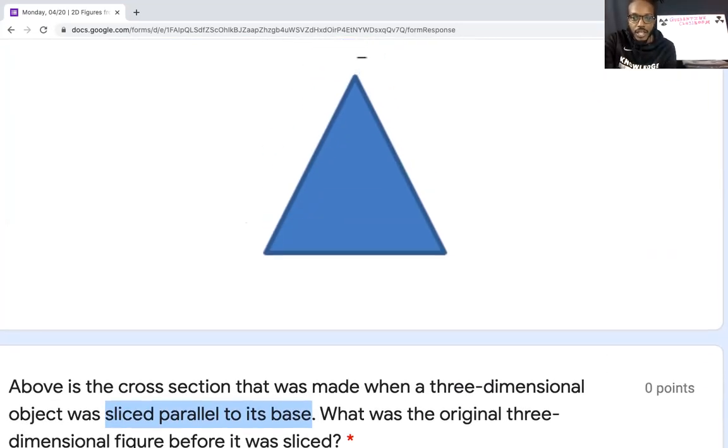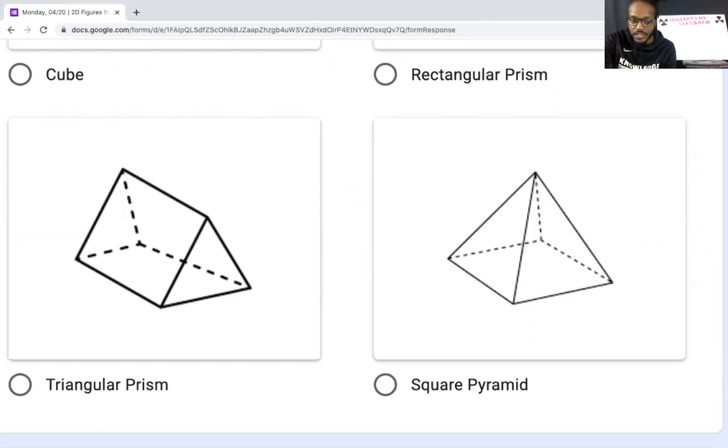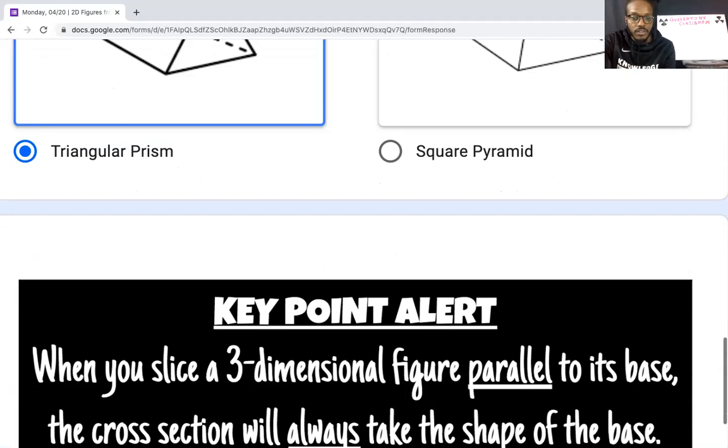So I'm looking for a shape that has a triangular base. The only thing that has a triangular base here is the triangular prism. A square pyramid does not have a triangle base. It has triangle faces. So if we're cutting parallel to the base on this triangular prism, the bases being this triangle here and this triangle here with the rectangular faces, then we're going to get a cross section that looks like the base because we're cutting parallel to the base.